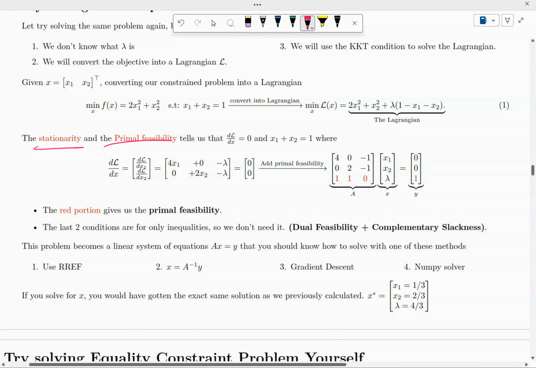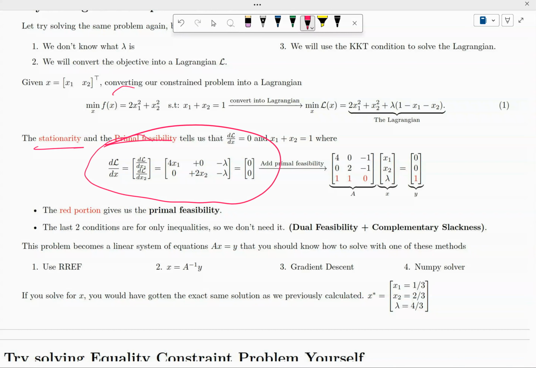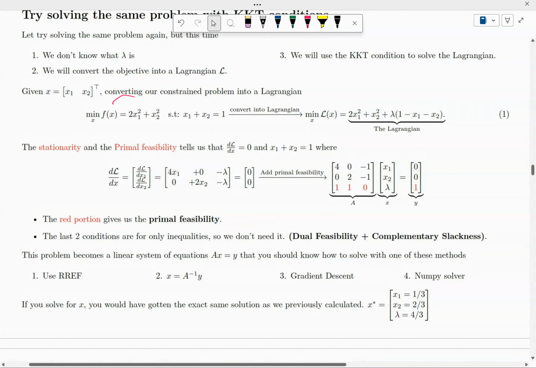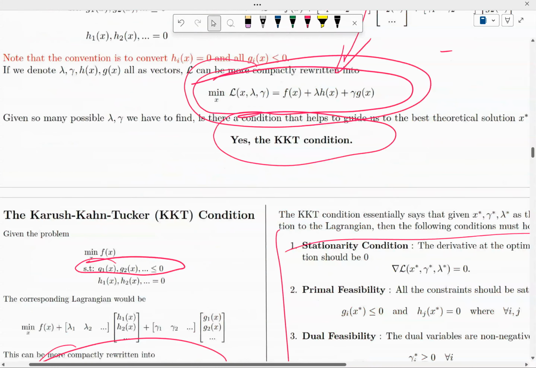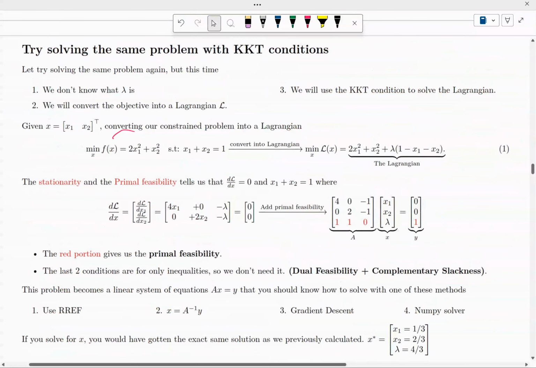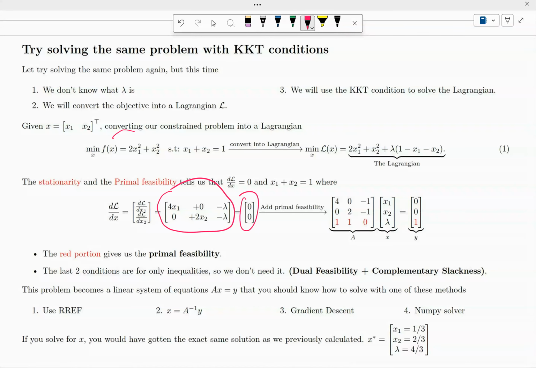Stationarity says that we take the derivative of the Lagrangian and set it equal to zero. That was the stationarity condition: you just take the derivative and set it to zero. So now we take the derivative, and notice how it's equal to zero.